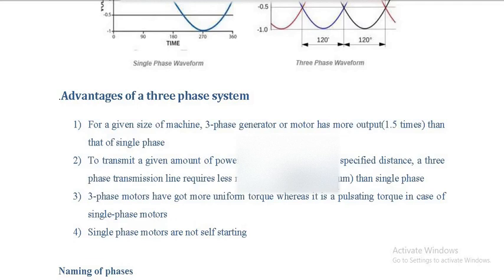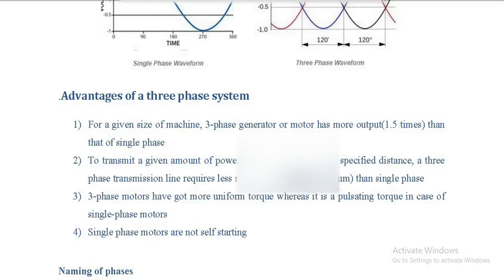Now one more question that can come into your mind is why not 5 phase, 7 phase, 9 phase and so on. We can have a greater number of phases, but there will be many complications if we go for 5, 7, 9 like that.